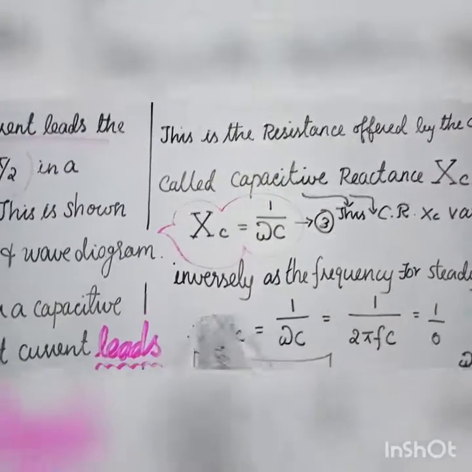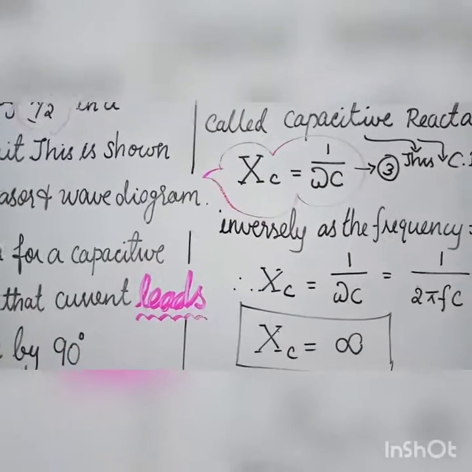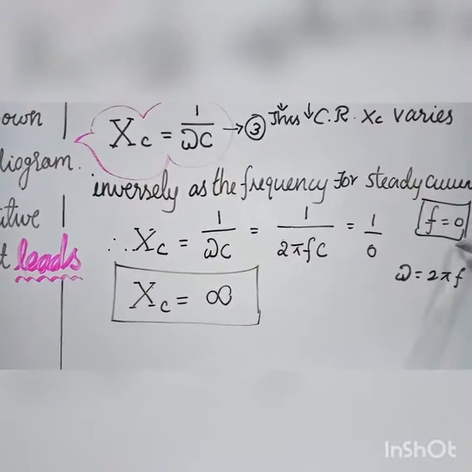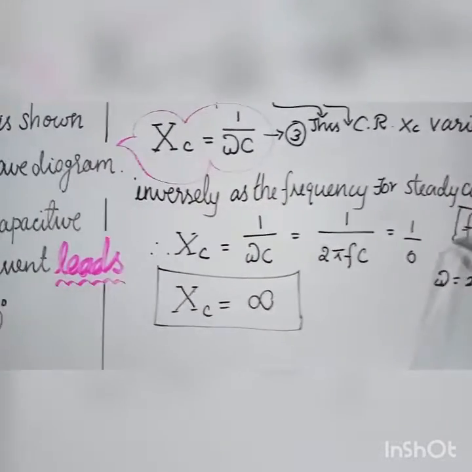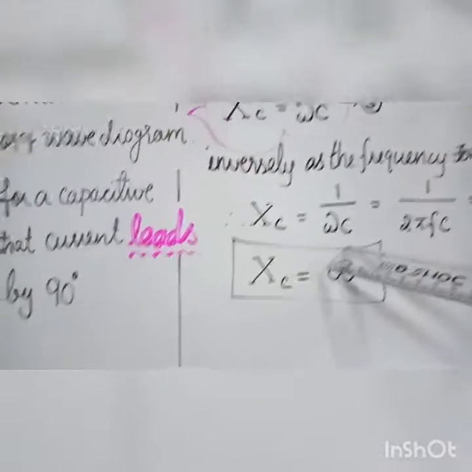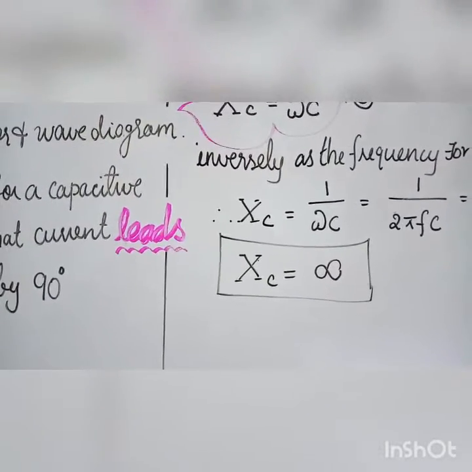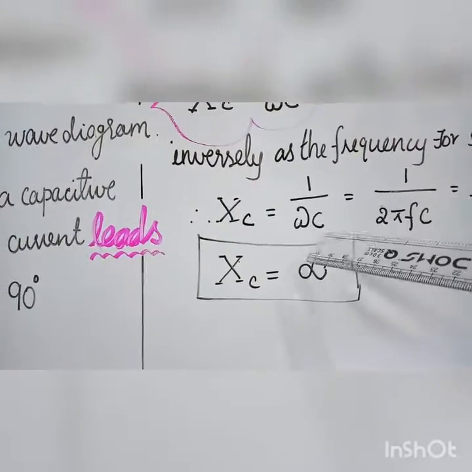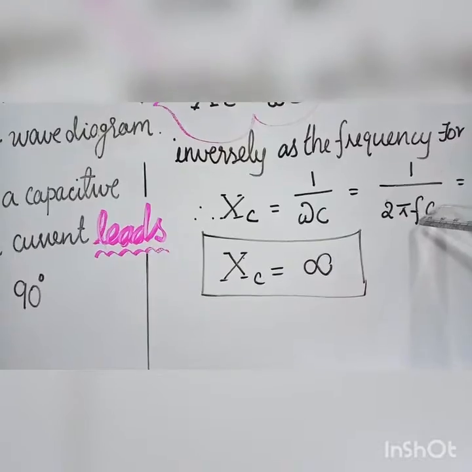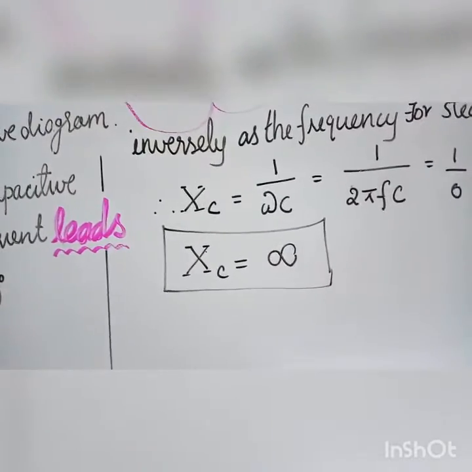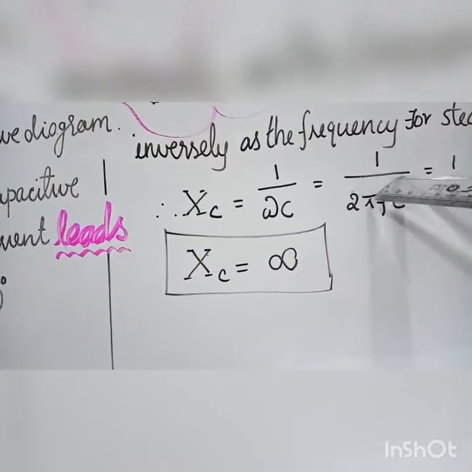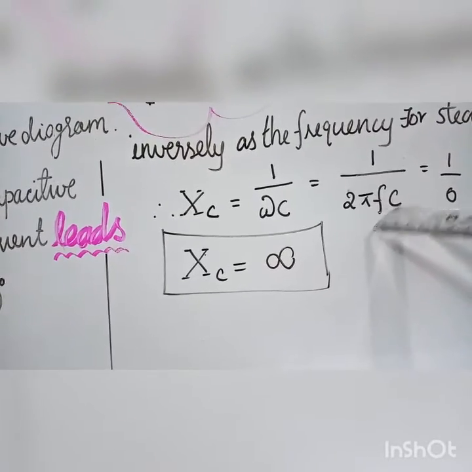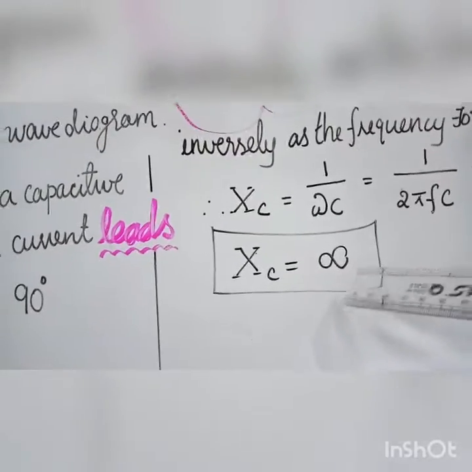XC varies inversely with the frequency. For a steady current, the frequency F is equal to 0. Now XC is equal to 1 by omega C, where omega is equal to 2 pi F. Substituting, 1 divided by 2 pi F into C. F for a steady current is 0, so 1 by 0 into C, and 1 by 0 is equal to infinity.